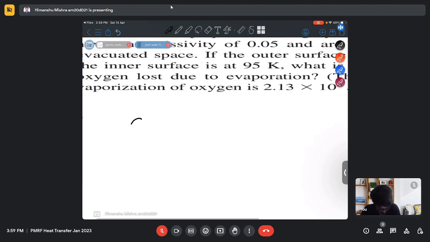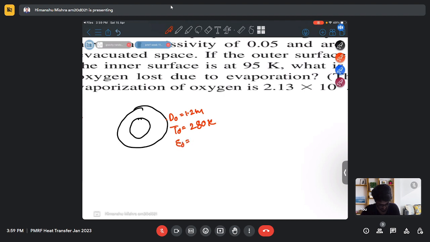So we have given two parallel spherical surfaces. Let's say this is my outer surface, and my diameter of outer surface is 1.2 meter. Temperature of outer surface is 280 Kelvin and the emissivity is 0.05.